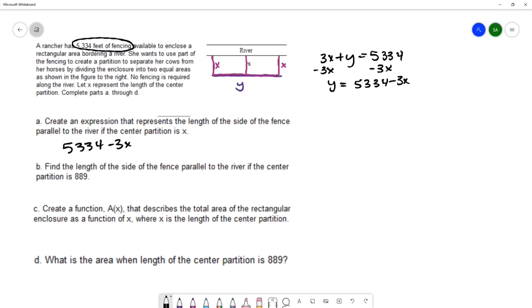Then if we want to find the length of that side, when we're given that the center partition is 889, we're given that value of X, we can substitute to get the value of Y, the side parallel to the river. It's going to be 5,334 minus 3 times 889. We can do that with our calculator.